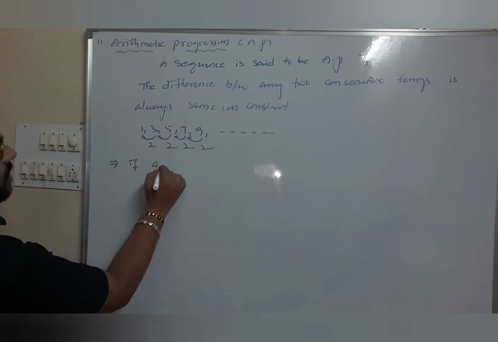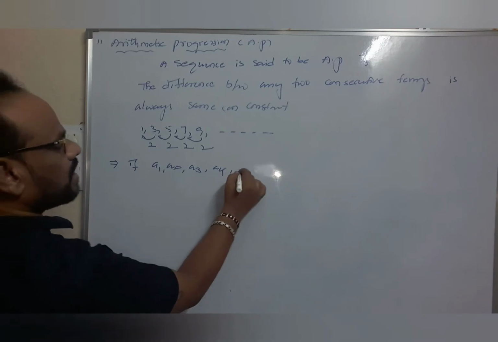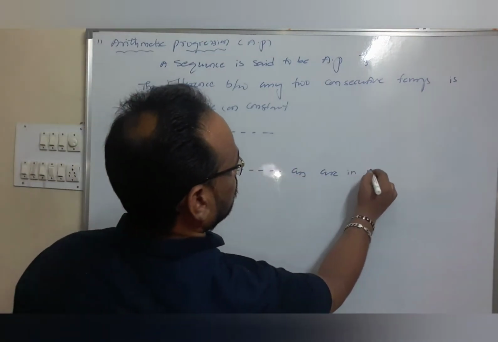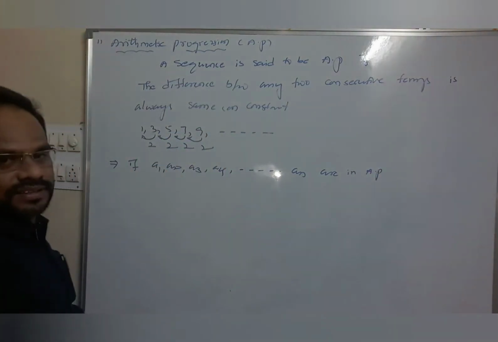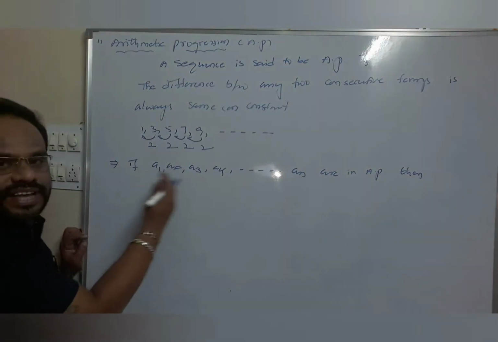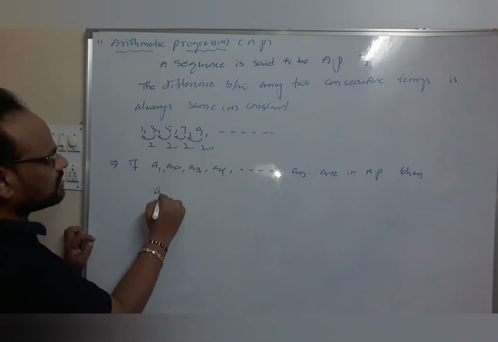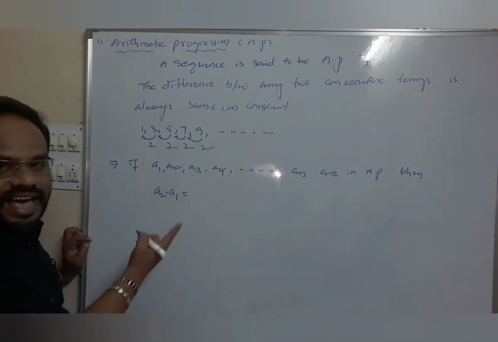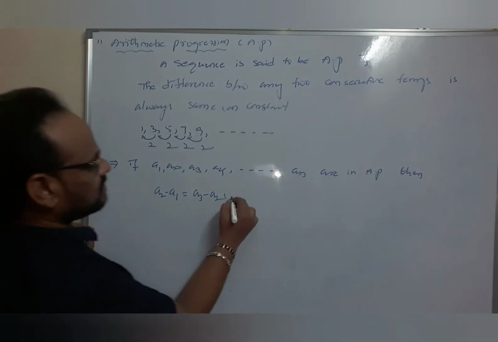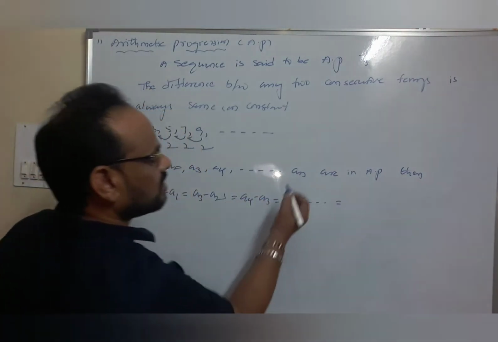If A1, A2, A3, A4 and so on, AN are in arithmetic progression, then the difference between any two consecutive terms is a constant. That means A2 minus A1 is the same as A3 minus A2, the same as A4 minus A3 and so on.